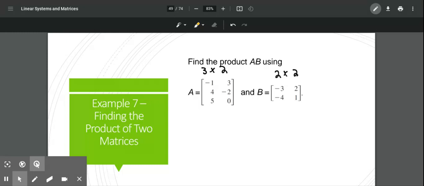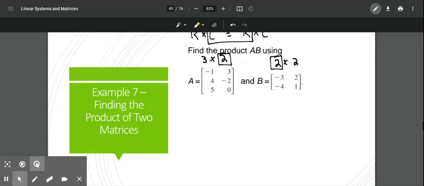And in order to multiply together, so if we have rows by columns and we want to multiply that by rows by columns for your other matrix, the columns in your first have to equal the rows in your second. So if you look here, the 2 and the 2 are the same, so we can multiply them together. And your resulting matrix actually ends up being the outside dimensions.